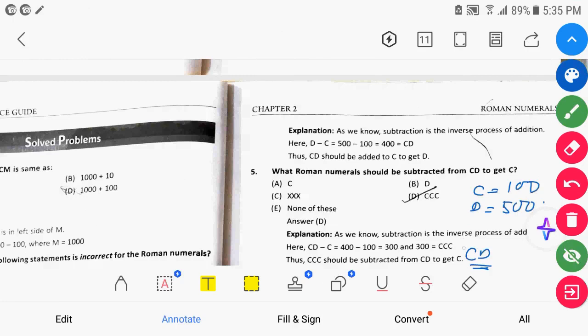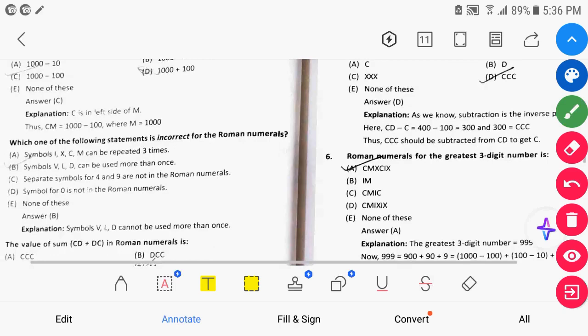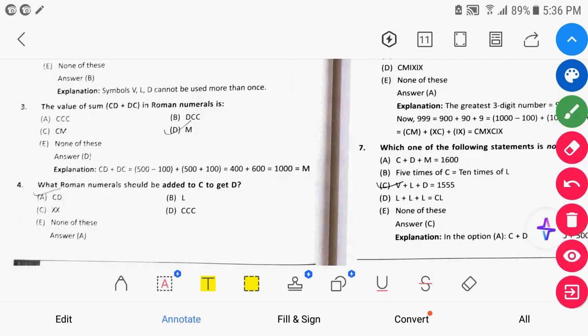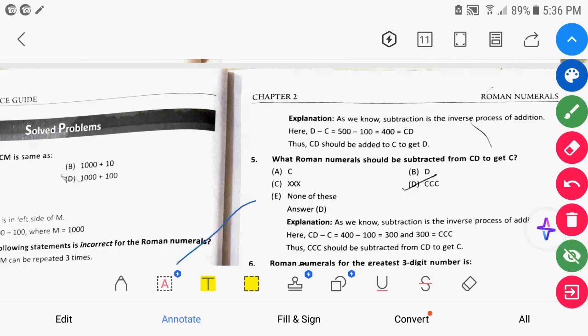Now see, CD means what? Now here the larger numeral... C is equal to 100 and D is equal to 500.